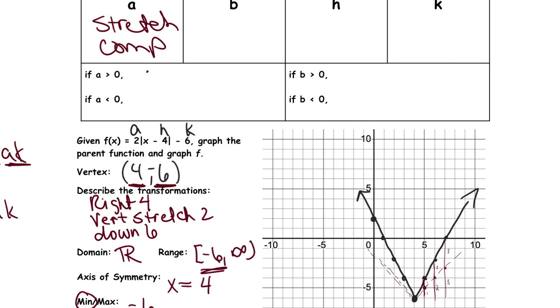Okay, so now that we've done that other one, we can say that if A is greater than 0, in other words, A is positive, it's going to be bigger. It'll be what, a vertical stretch? Well, no, that's not true.